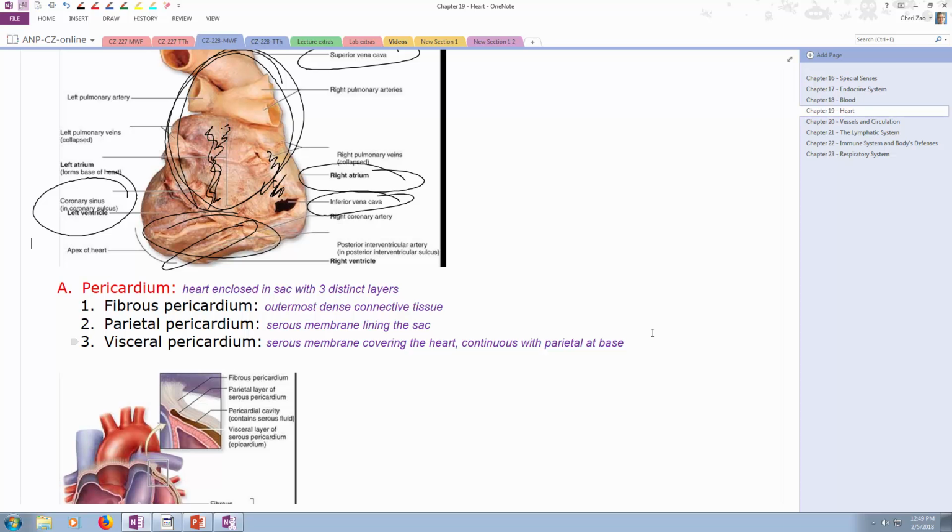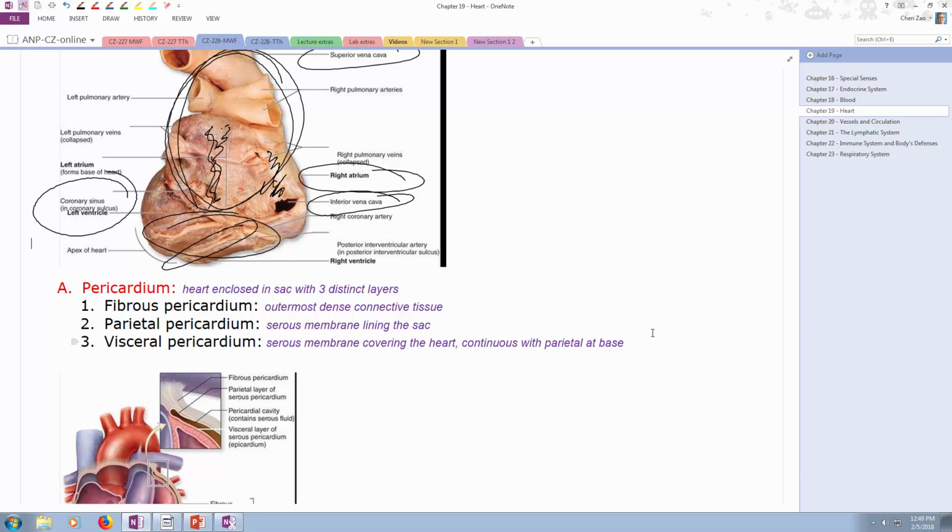Because remember we talked about cavities, because we're now in the pericardial cavity. The layer lining the sac is called the parietal serous pericardium. The layer that goes over the surface of the heart, which was pushed into the sac, is called the visceral pericardium. Also has another name, it's called epicardium. So visceral pericardium is the same thing as epicardium.